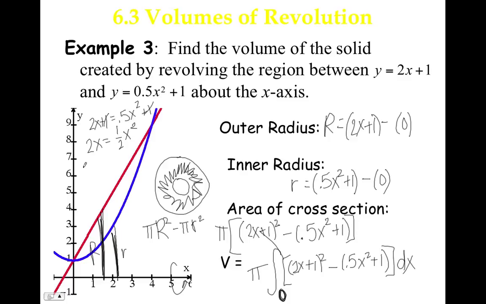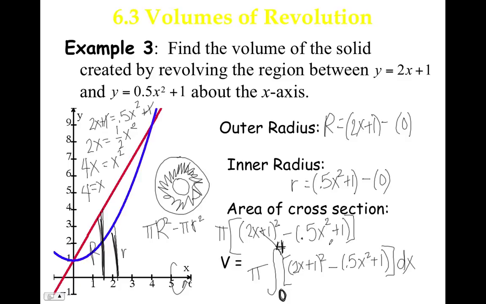I'm going to multiply both sides by 2, and I get 4x is equal to x squared. And since I've taken care of the x equals 0 solution, I can in fact divide by x, and I get 4 is equal to x, and that is confirmed by what I see here. Okay, so my upper limit of integration is x equals 4. So I'm integrating from 0 to 4, big R squared minus little r squared with respect to x.